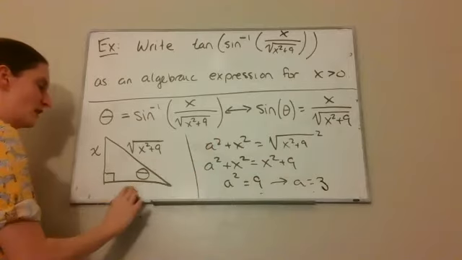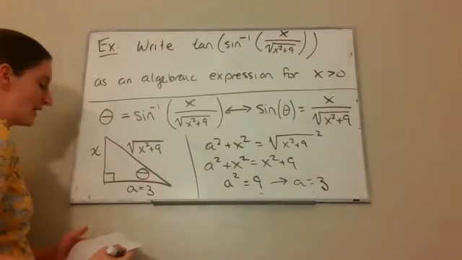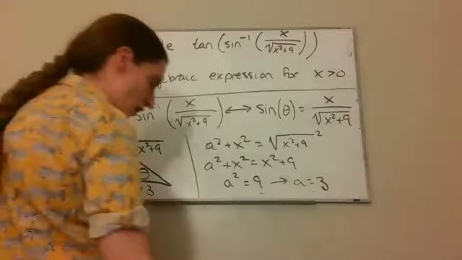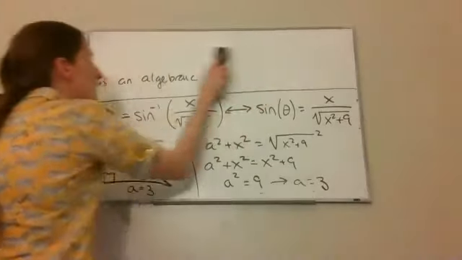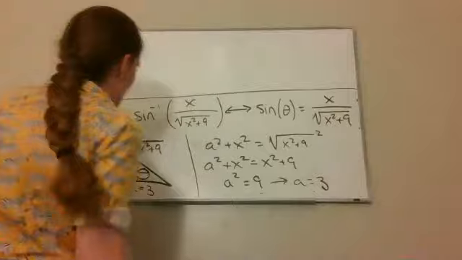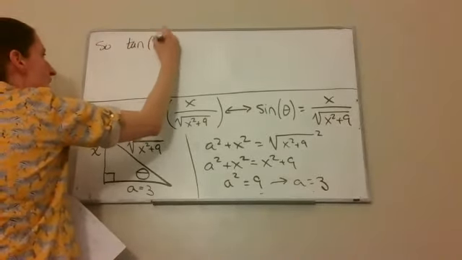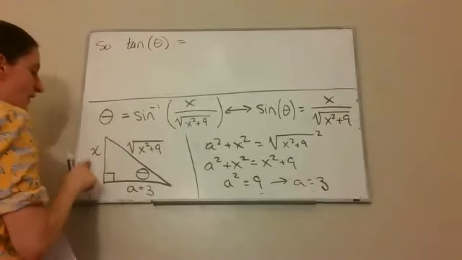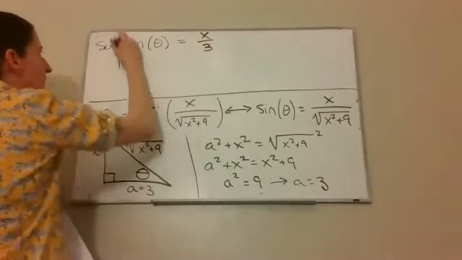So now that I know that this bottom side is 3, I can now calculate tangent of that angle. So tangent of that angle is the opposite over the adjacent, so I just get x over 3.